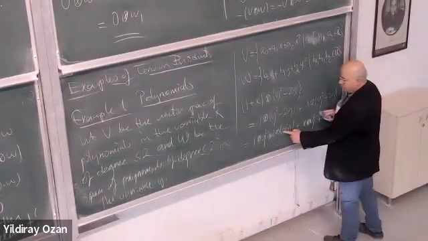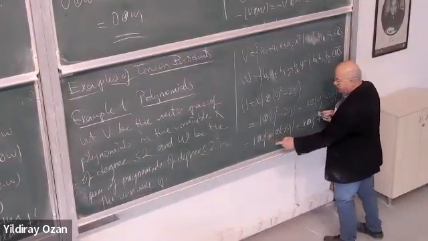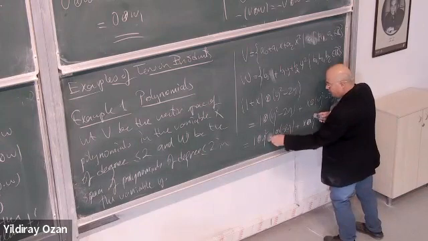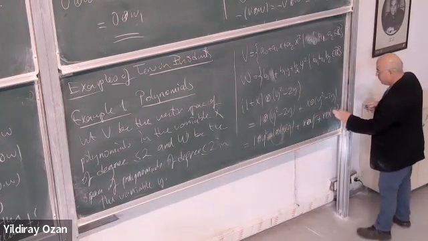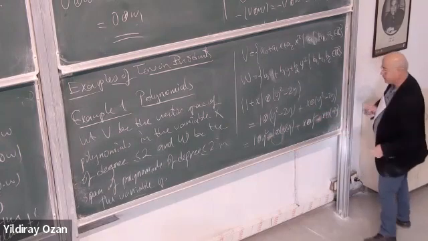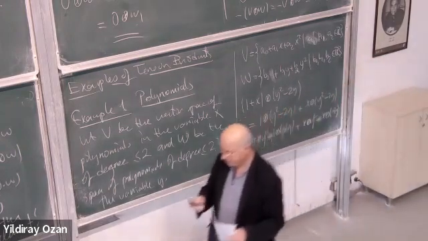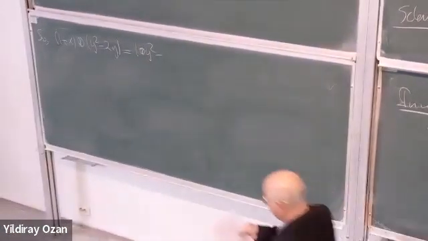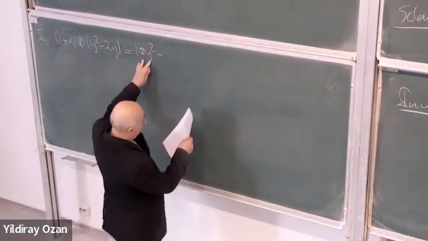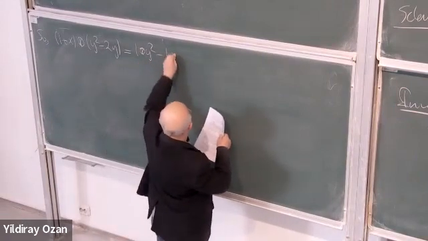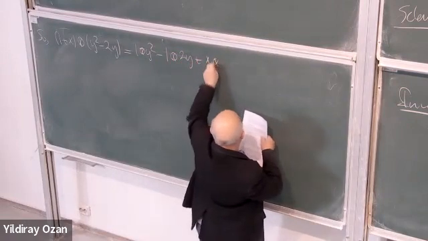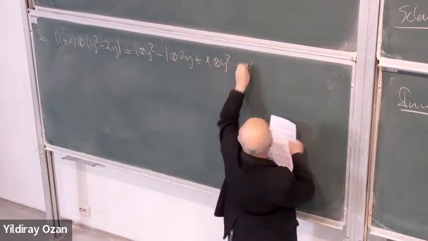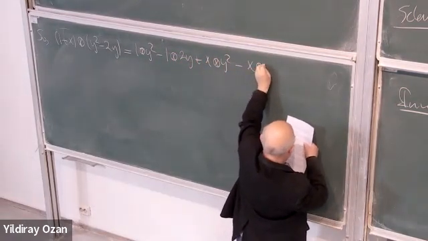Here we have minus 1, but I can just take it outside. So I will get minus, so this becomes plus. And the same thing here, I can take it outside. So what we get is this: 1 tensor y squared, minus 1 tensor 2y, plus x tensor y squared, minus x tensor 2y.